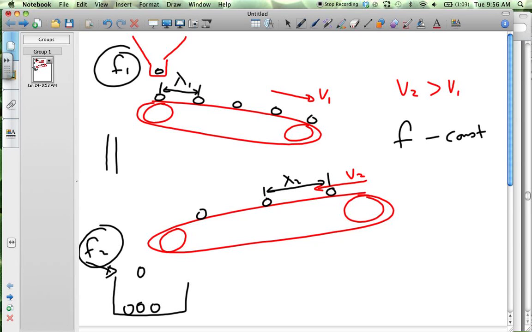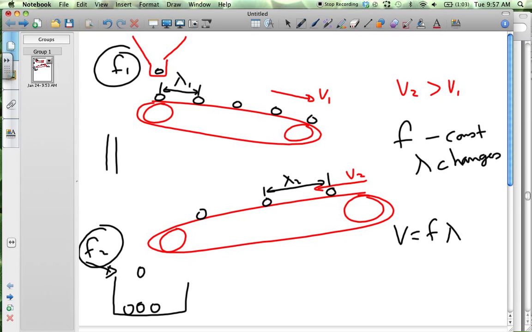And that's what happens when light goes from one medium to the other, the frequency remains constant, but the wavelength changes. And because your velocity is equal to frequency times wavelength, you can see that the velocity and the wavelength are directly proportional.